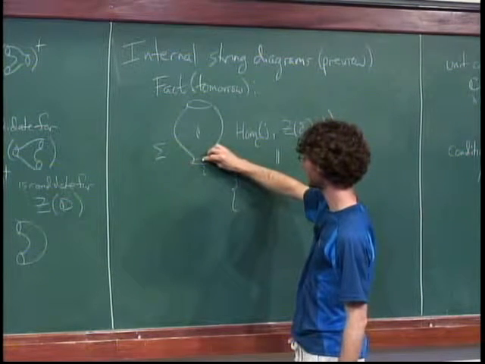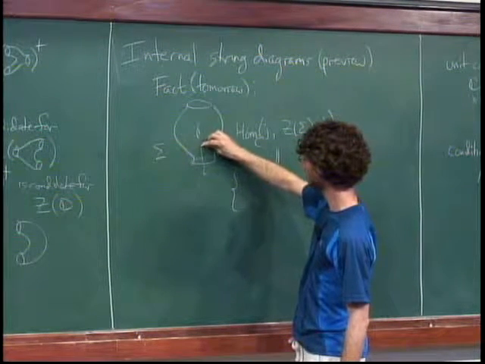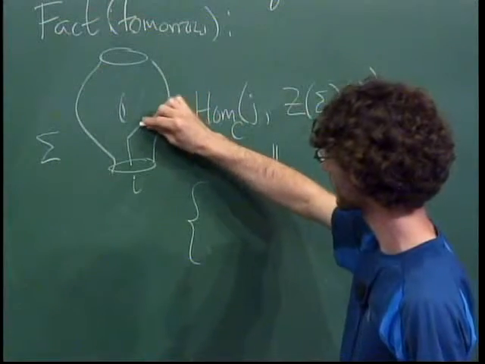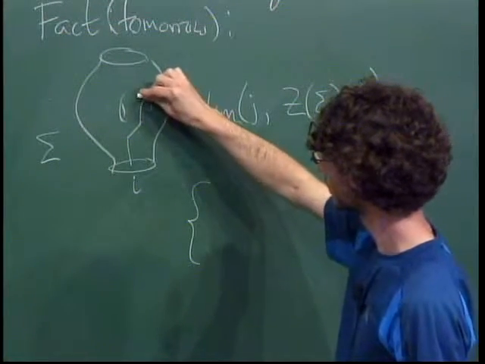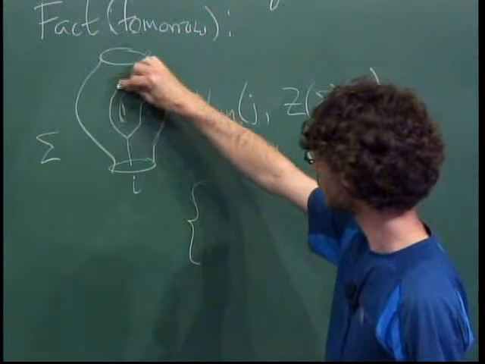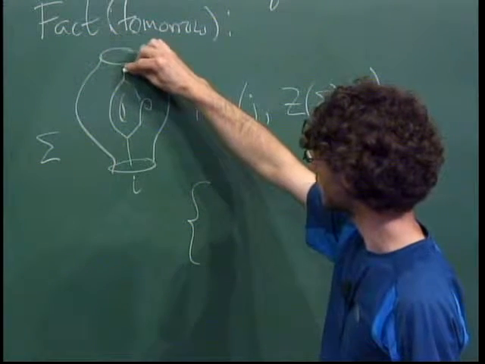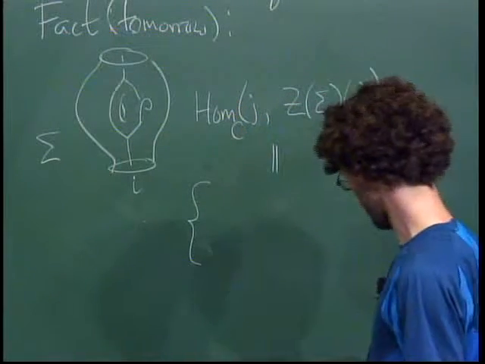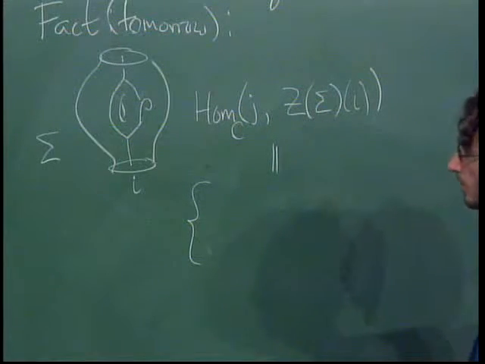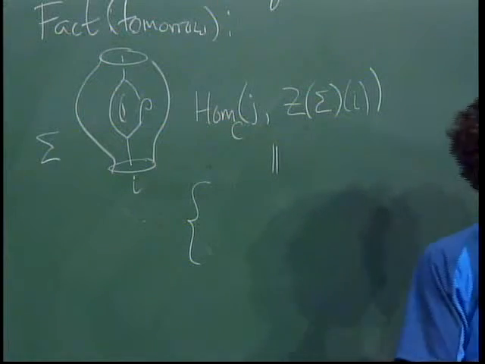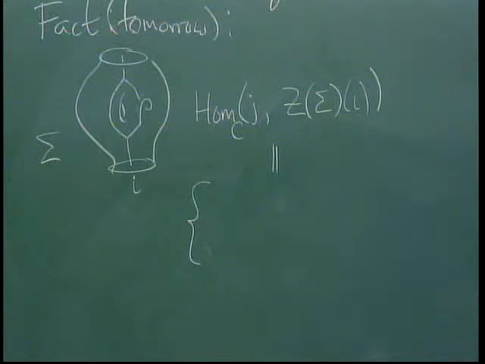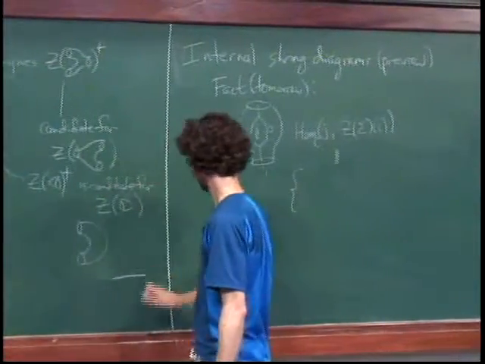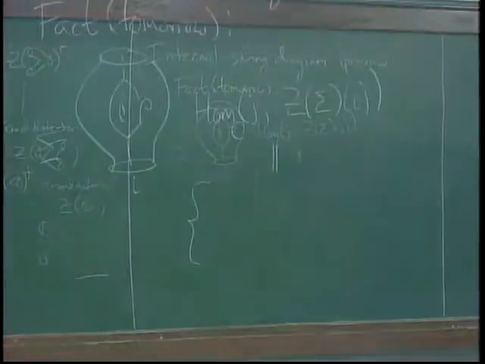So, for instance, I could draw some string and put in some vertices where strings separate and come together. Maybe I should have used a different color. I definitely should have used a different color. How about blue? Nope, that looks like white.